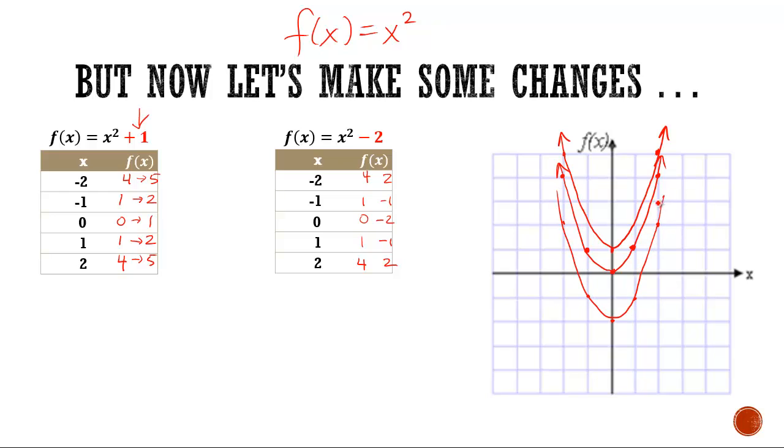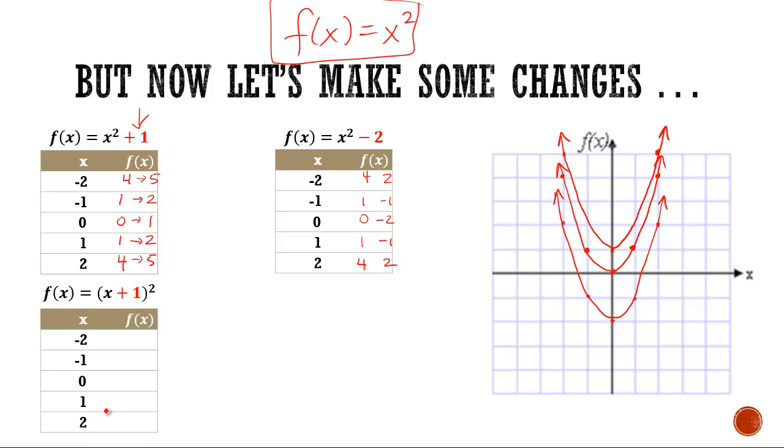So you can start seeing that there are some patterns with how you change the formula and what it does to the graph. If you know your basic formula and what it looks like, then you can get a better understanding of what it's going to look like when you make the changes.